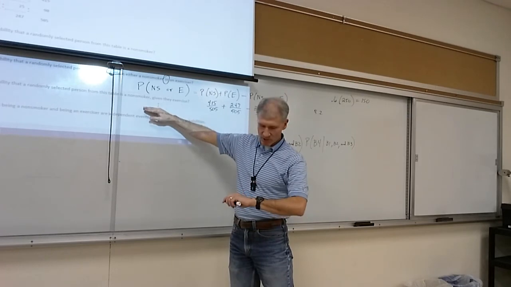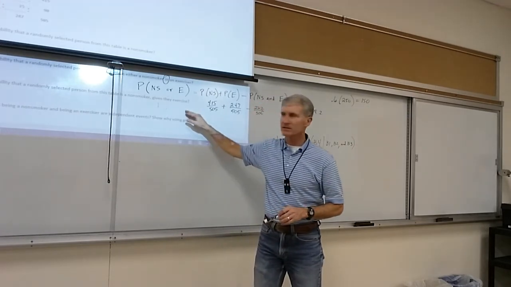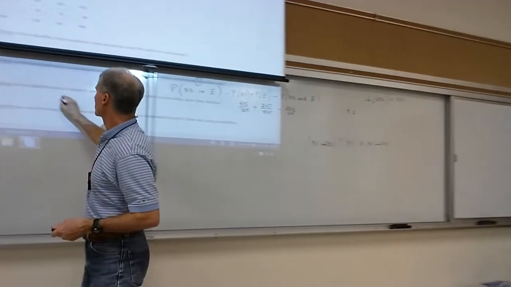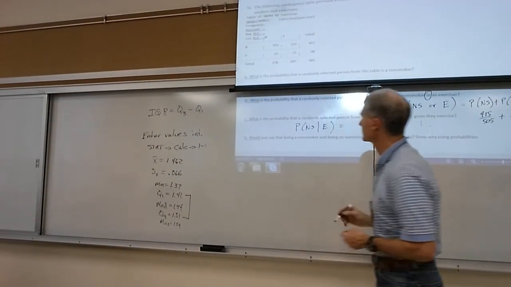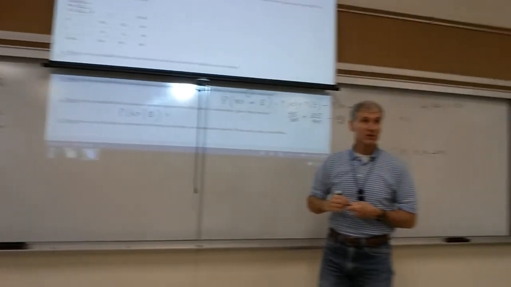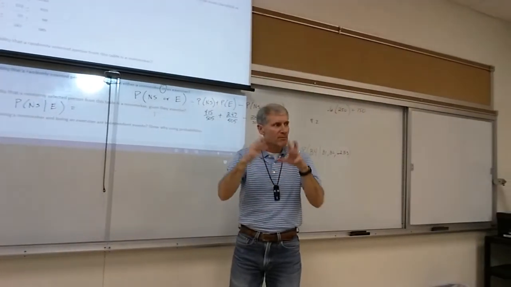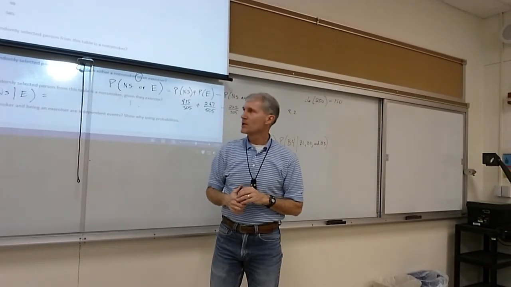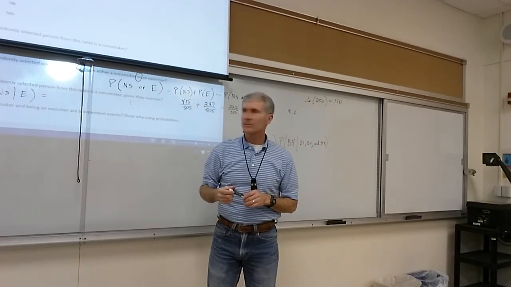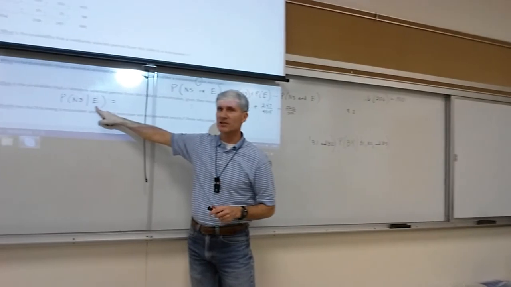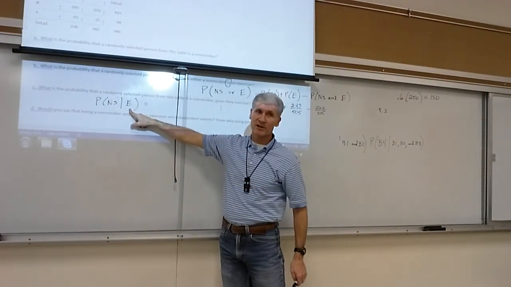Probability of being a non-smoker given the exercise. Well, it's a conditional probability, so you could use that rule that I had up there a while ago, but when it's in a contingency table, you don't really need to go to that trouble. Because conditioning on them being an exerciser tells me I only look at what part of that table.